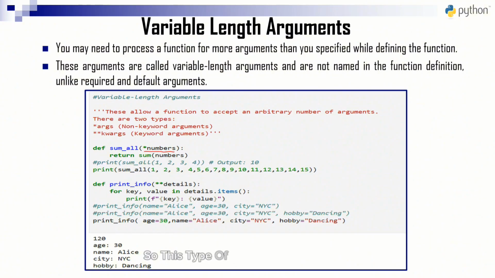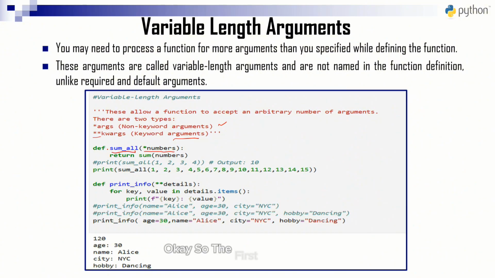So this type of arguments is helpful when we don't know how many parameters I will be using in the function definition. For this, I have 2 kinds of arguments. Non-keyword arguments are defined using an asterisk. For defining keyword arguments, I will be using a double asterisk.